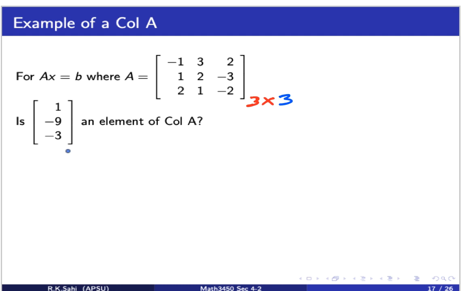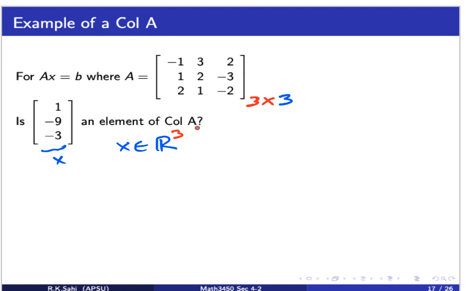So suppose this is, say, X. Clearly X is an element of R3. Notice how I'm color coding it. This 3 means the number of rows. So first of all, yes, it is.